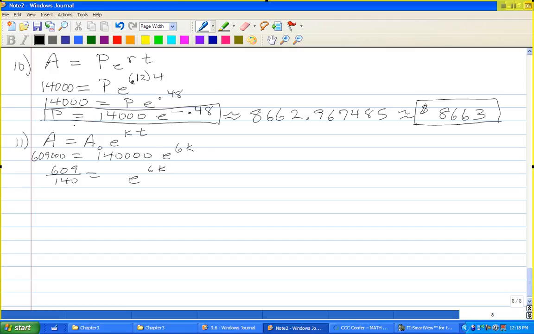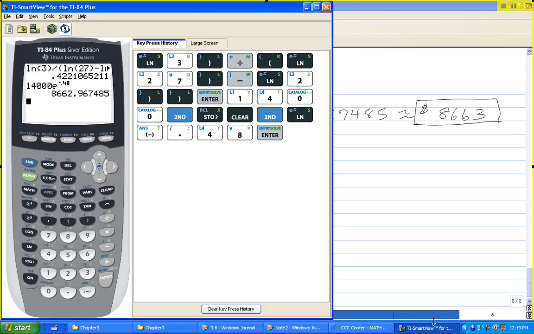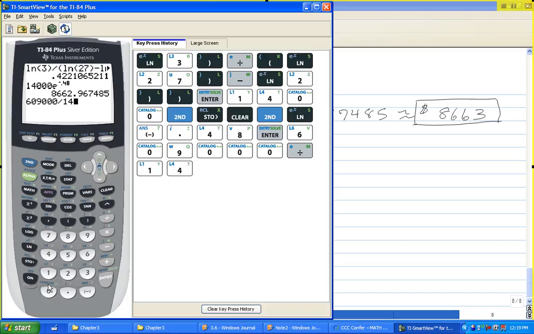Take ln of both sides of your equation. So you have ln 609 divided by 140.